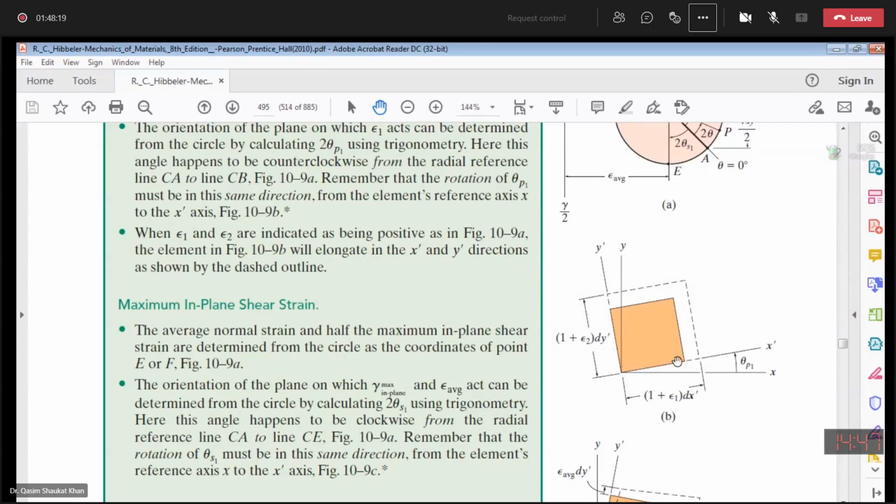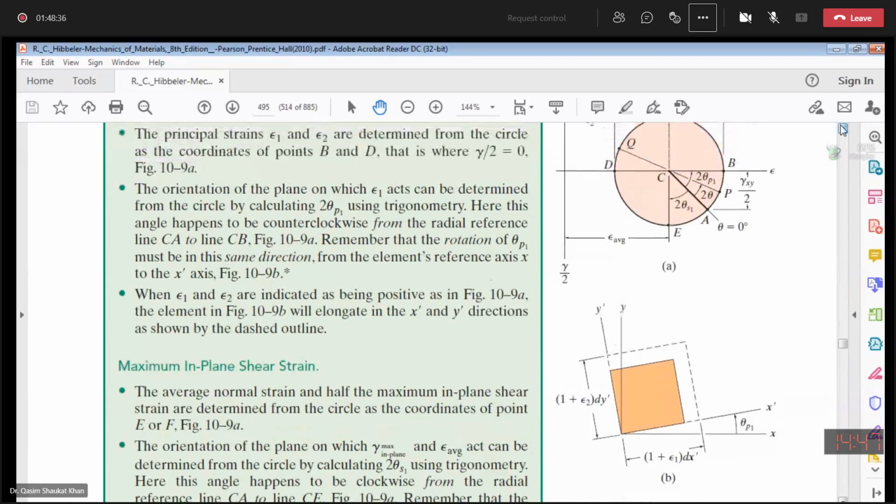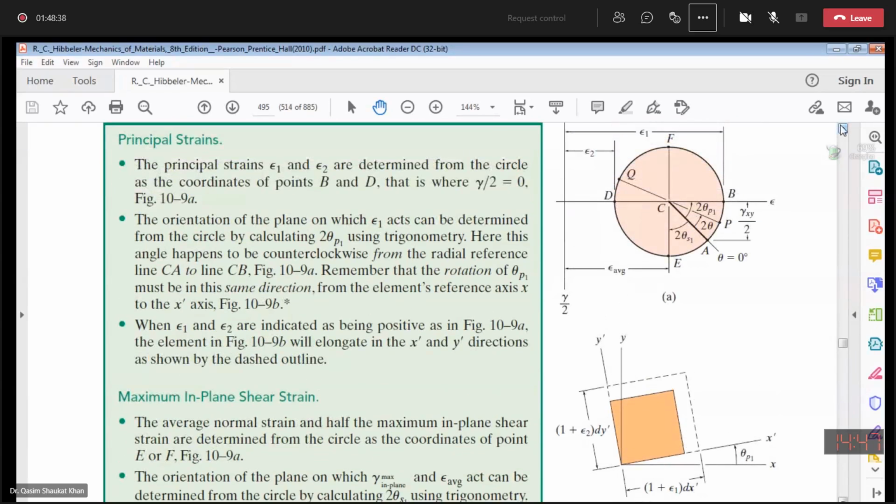On the x dash axis, you can see the positive strain, the elongation of the element in the x direction, and on the y dash axis, you can see the positive strain, the elongation of the element along the y dash axis. Any question about principal strains, orientation of the principal planes? No, sir.